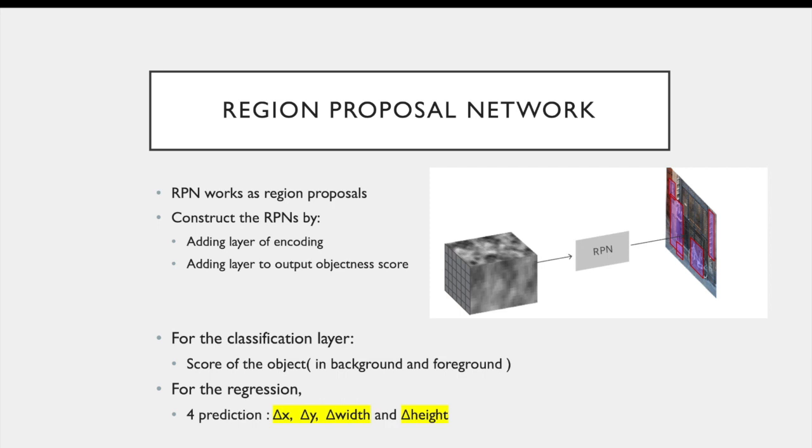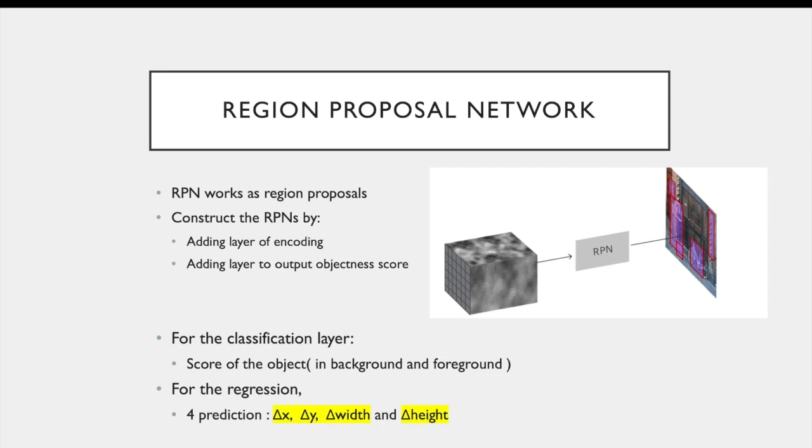To unify RPN with the Fast RCNN object detection network, we propose a simple training scheme that alternates between fine-tuning for the region proposal task and then fine-tuning for the object detection while keeping the proposal fixed. This will help them converge very quickly.